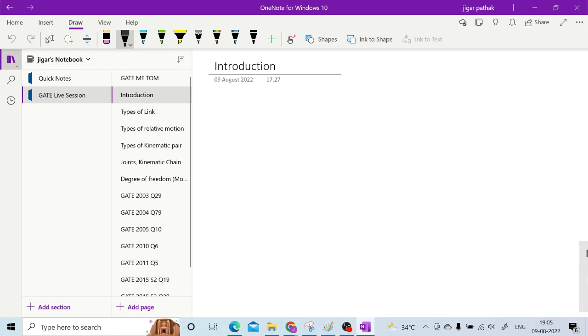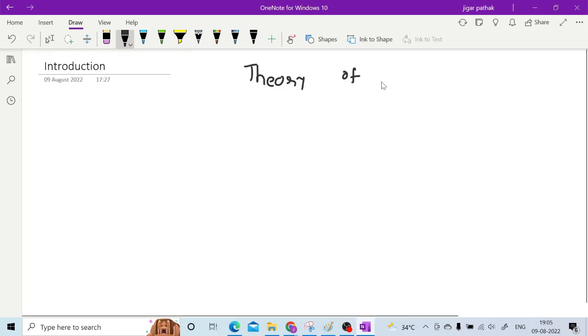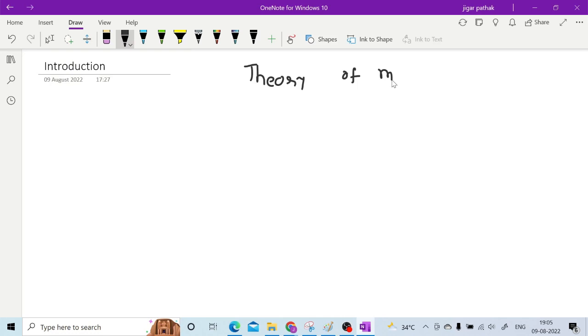So here, as you know, this subject is theory of machines, right? And as I have told you, there are two different branches of this subject. One is kinematics and the other is dynamics.